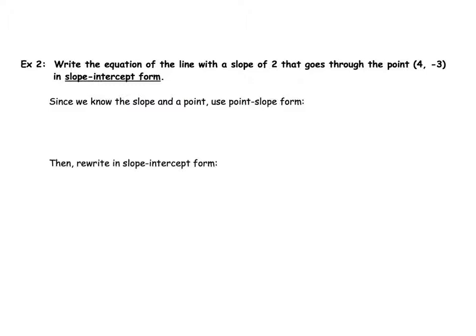So let's go ahead and create our equation using our point and our slope. Our equation here is going to be y minus a negative 3, which becomes y plus 3, is equal to my slope times x minus 4.